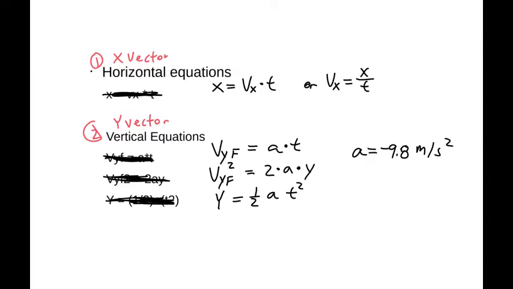Okay, now these equations work for a couple reasons. Because we are launching in the horizontal direction, our angle is 0. We're going to launch horizontally off the cliff or throw the baseball horizontal to the ground.